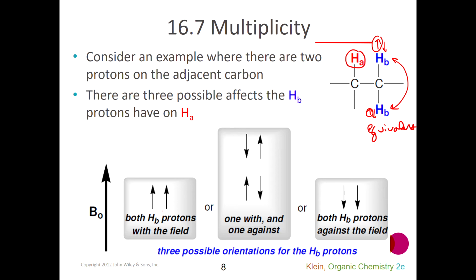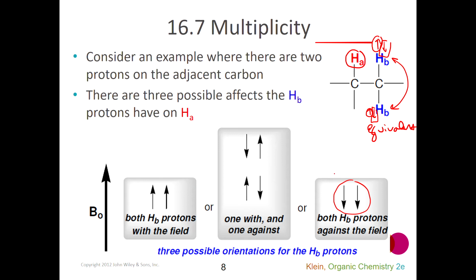Just as often as that occurs, there will be other molecules where both those hydrogens will be aligned against the magnetic field, and they'll both decrease the energy A absorbs and then releases. And so I see a signal for that scenario as well.